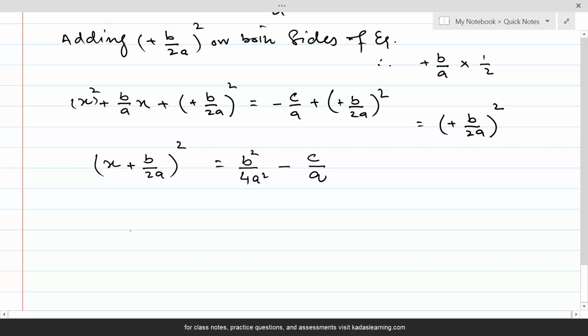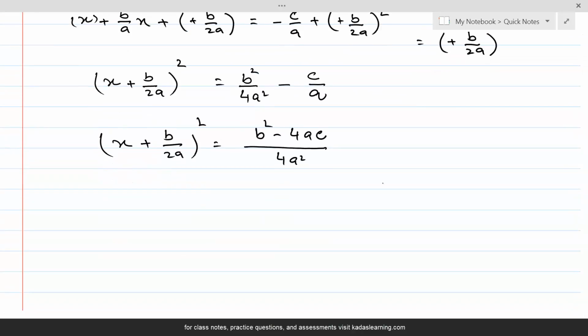And let's first simplify this before applying the square root property. So LCM would be 4a square, and this is b square minus 4ac, and on the left side this is x plus b over 2a whole square.